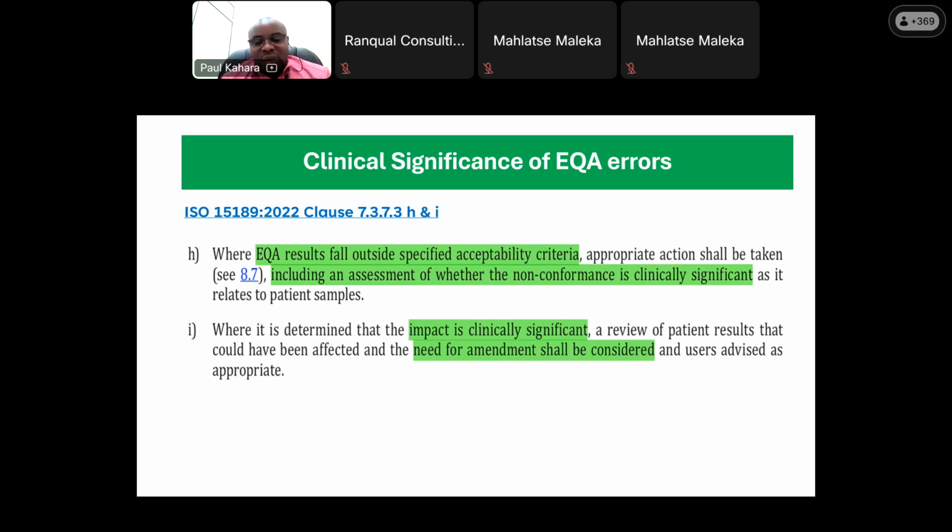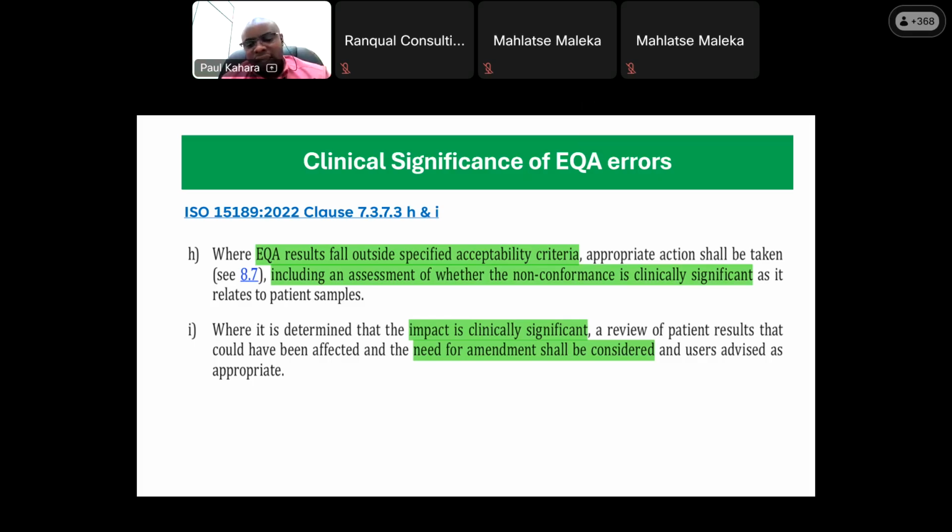On this day that we ran some patient samples and also EQA samples, we have noticed the EQA is failing. How were our patient results at that time? How did our equipment do the patient results? So we need to check whether the errors may have affected the patient results and consider amending those reports, and also advise our users appropriately.